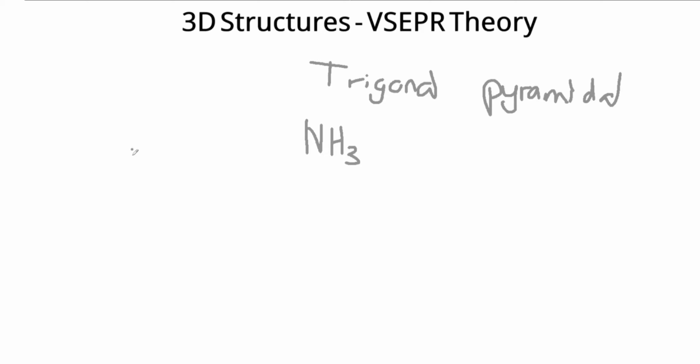So for trigonal pyramidal, you have a normal single bond, but then you have a triangle bond, and then a dashed one. And when you draw these ones, you have to draw them closer to each other. So this one would be further from this one. So you have to draw the triangle bond closer to the dashed one.